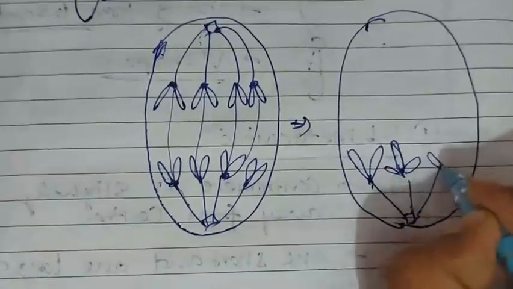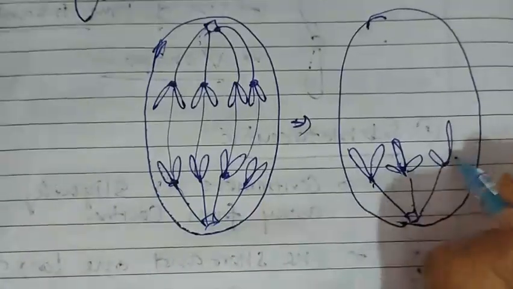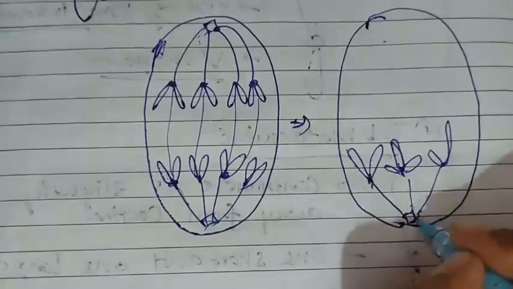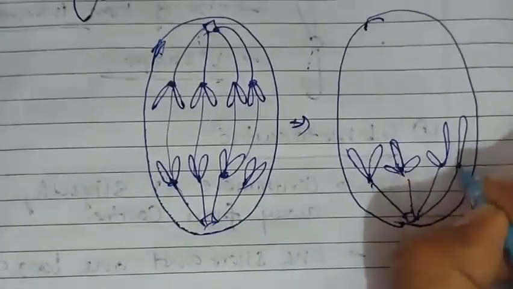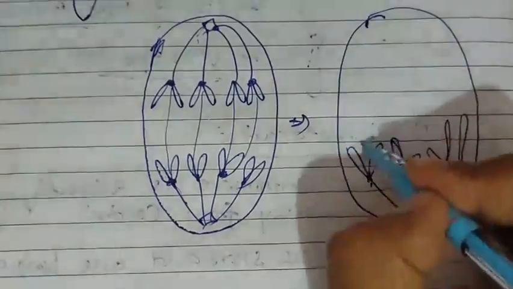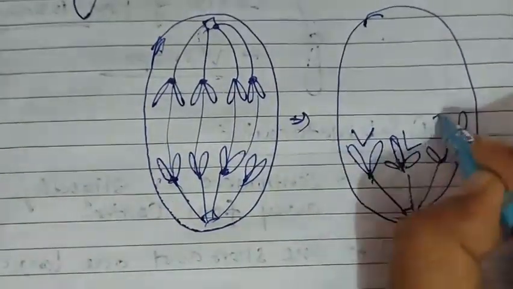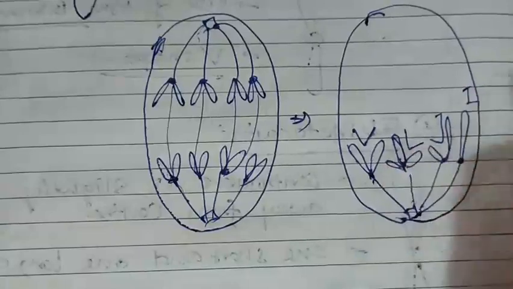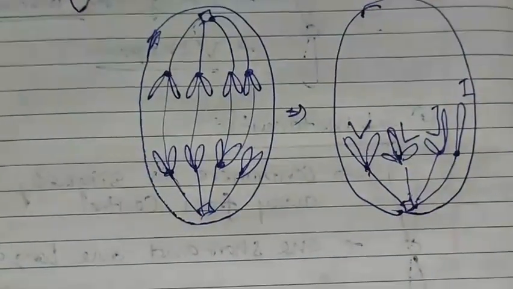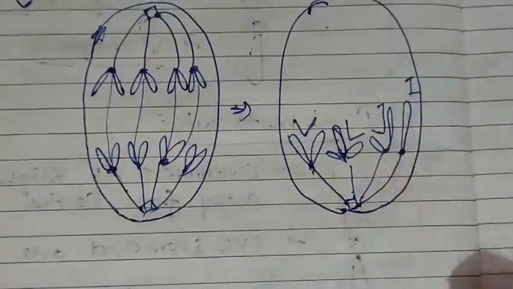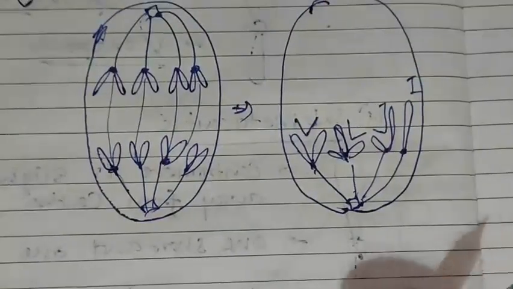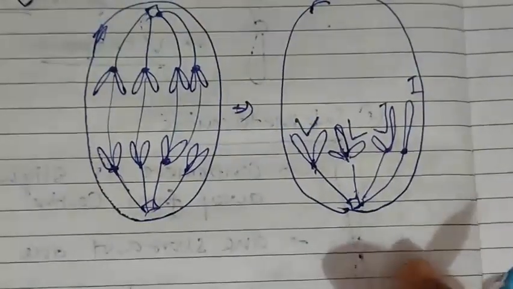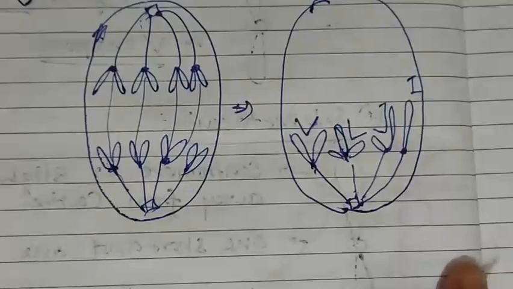Then if one is very short and one is very long, that is J shaped. And when only one arm is present, then it is I shaped. You can clearly see this is V, L, J and I. Like this shape appear during the anaphase. So in this diagram you can see it. Okay. So these are all 4 types of chromosome based on the position of centromere.